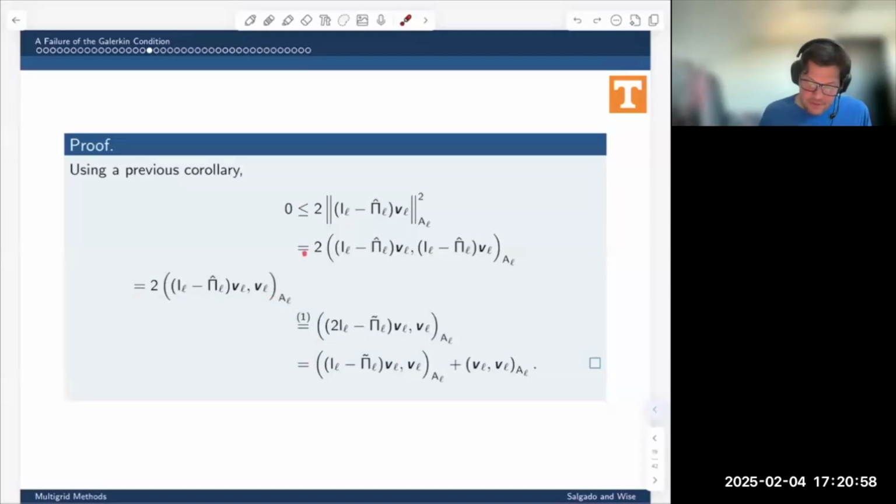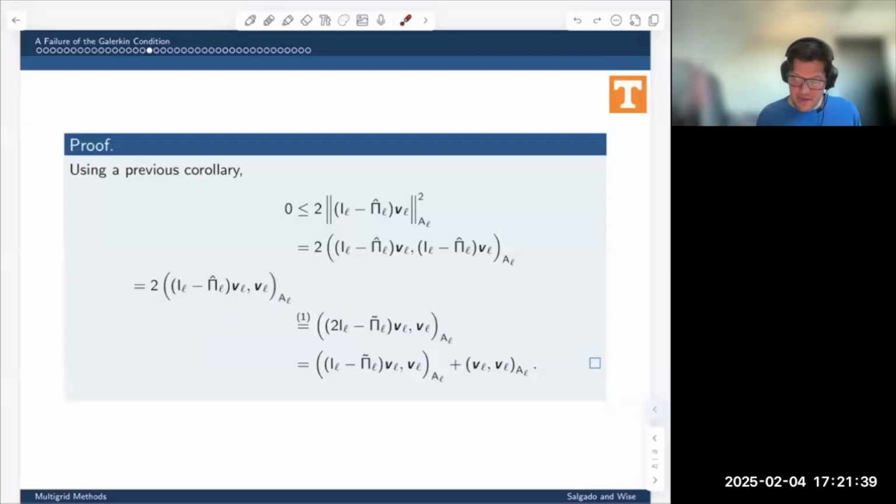Okay, so you're going from this equal sign down to here. I'm going to take this, move it to the other side. It becomes a square. But remember, this is a projection matrix because I'm using the hat matrix, not the tilde matrix. So it comes back over, and I use the fact that it's a projection matrix to replace the square with IL minus pi L hat, VL in the AL inner product. Now follow the chain of equalities. What am I doing in going from here to here? I'm just using the definition of the pi L hat matrix. Remember, it's 1/2 of the pi L tilde matrix.